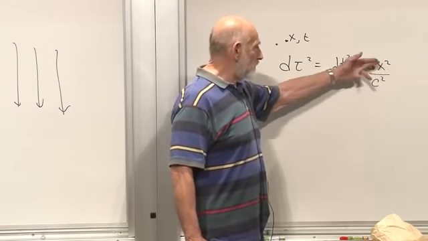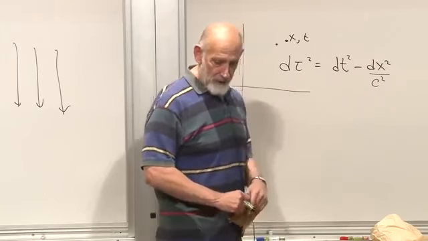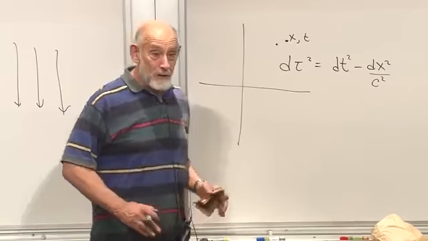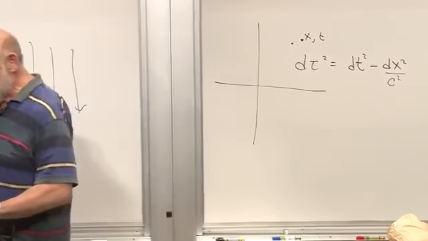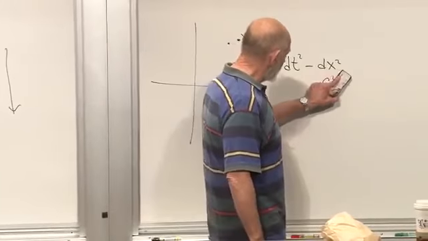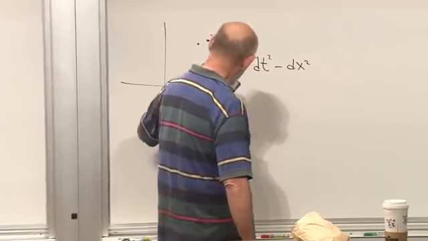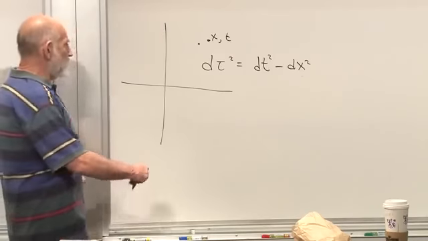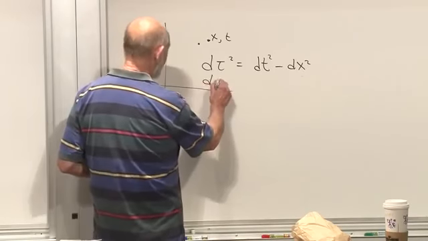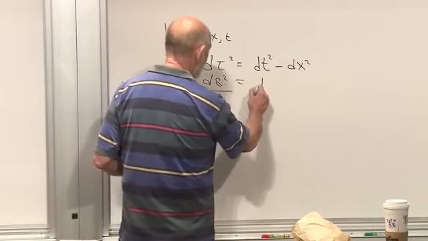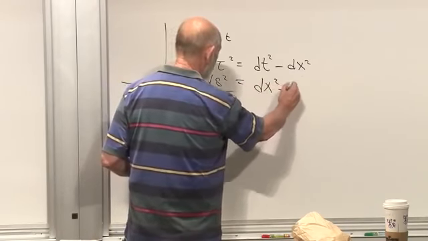Instead of calling it x, call it x over c, and it just becomes x squared then. And that in itself is a coordinate transformation. So you can always bring this coordinate interval to this form, this being called proper time. And some physicists like to use the s squared, which is exactly the same, except by sign. It's dx squared minus dt squared.